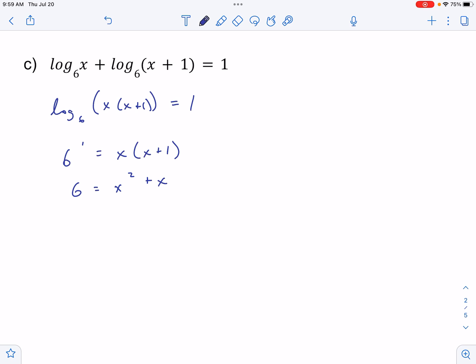And if I move my 6 over, it equals negative 6, just negative 6. This is a quadratic, right? I can solve this by factoring.